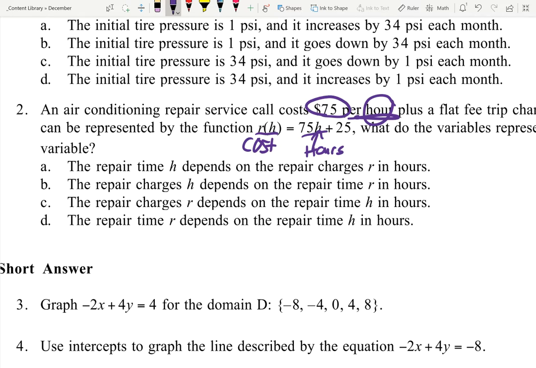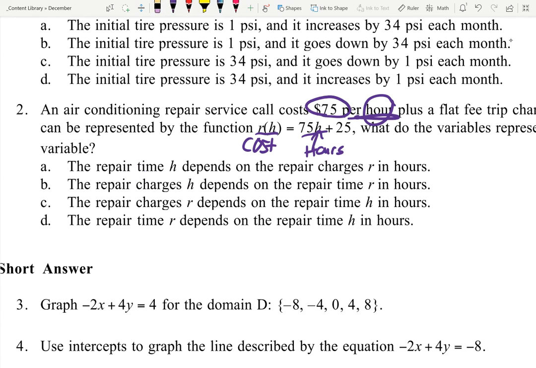Now let's look at our answer choices and see which one makes the most sense. The repair time H depends on the repair charges R in hours. Well, they have something right here. They know that H is time and the charges is R. But what's wrong about this is it's saying that the time depends on the charges.